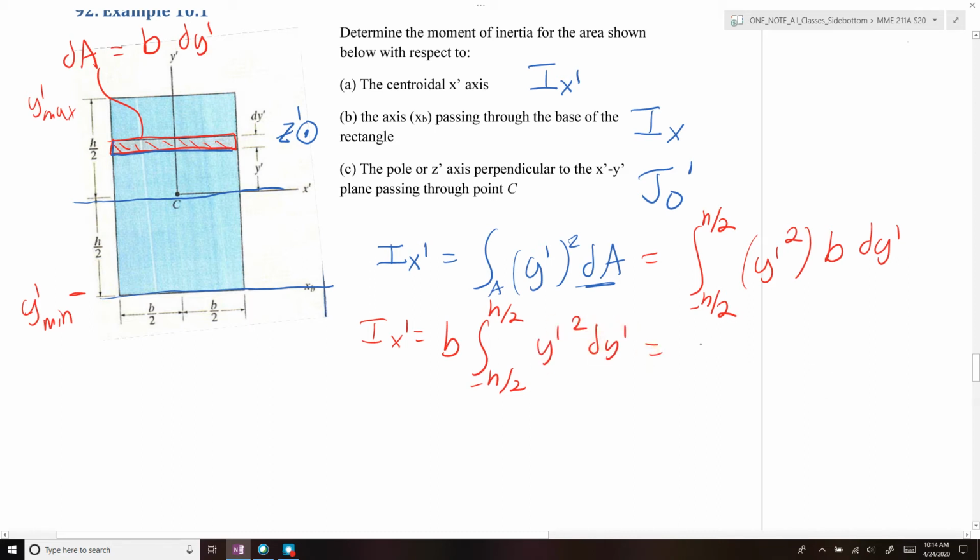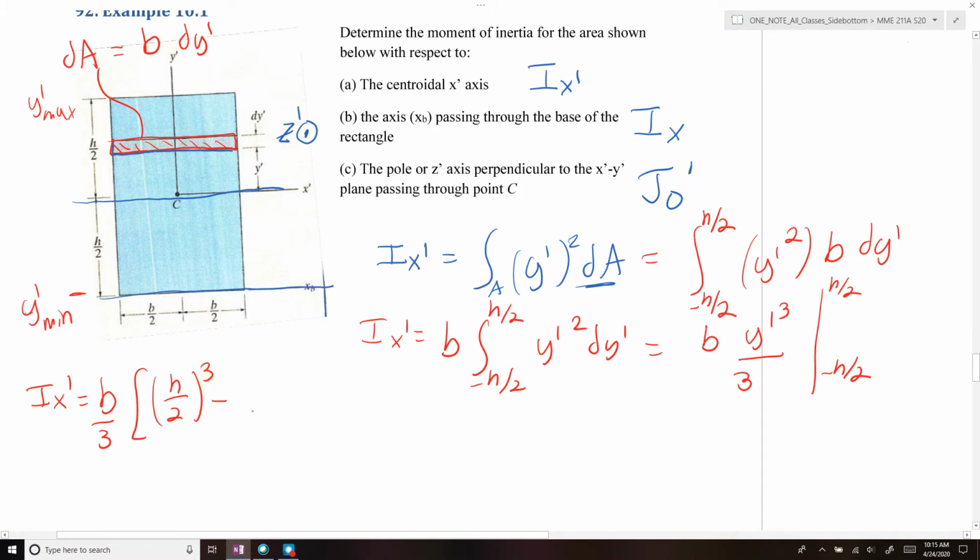The integral of that would be b times y prime cubed over 3, evaluated from minus h over 2 to h over 2. If we plug that in, Ix prime is equal to base divided by 3 times h over 2 cubed minus minus h over 2 cubed. H over 2 cubed is equal to h cubed over 8.